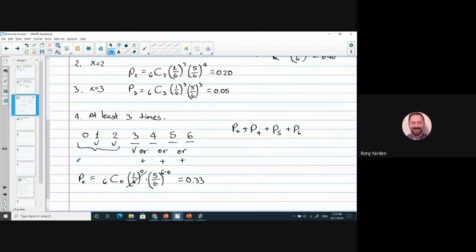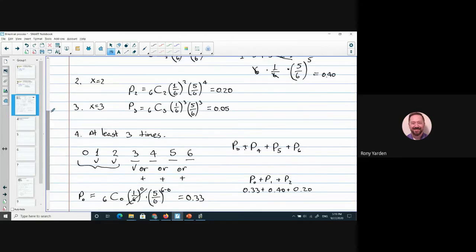Okay, so now we know P0, P1, and P2, and let's add them. P0 or P1 or P2. So here we have 0.33 plus P1 was 0.40 and P2 was 0.20. That's the P2, and the P1 was a little bit higher here.